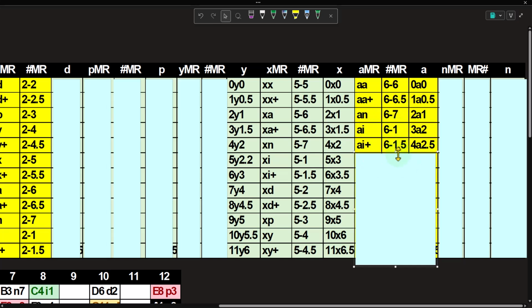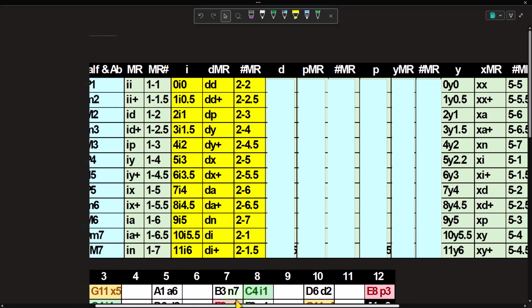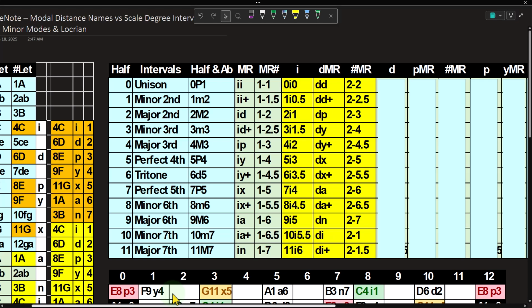Let's say this one is an AI plus modal range. Right after the I is what I mean. That's going to be a 6 to a 1.5 modal range. What's the distance? It's going to be 4 notes away from the Aeolian node, 2.5 modal half steps, which you would think would be a 3 scale degree. You would think it would be 3.5 scale degree, but no, it's going to be a 4 scale degree, right?